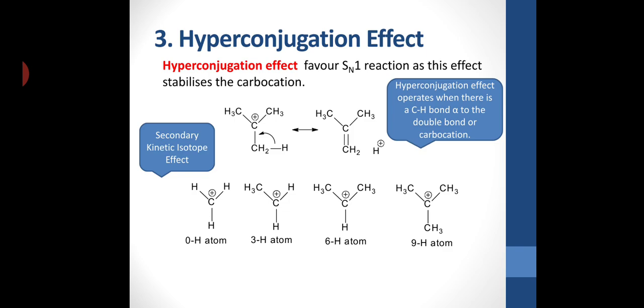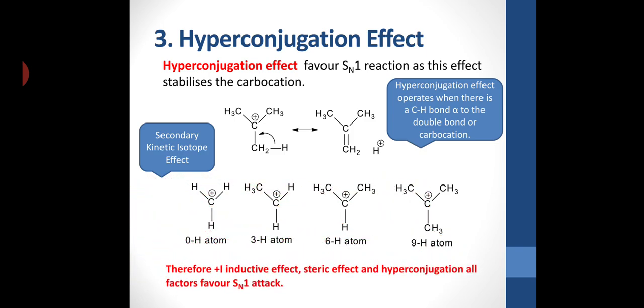This shows that CD bond was involved in the ionization process. Therefore, lastly we can say that plus I inductive effect, steric effect and hyperconjugation effect all favor SN1 attack.